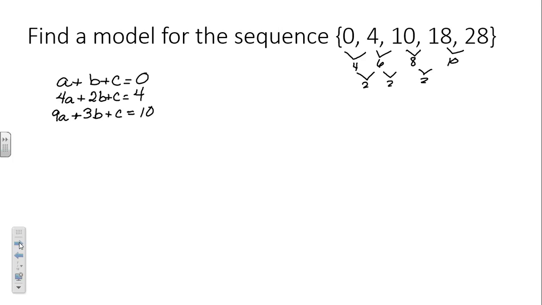So what method do you want to use to solve? Graphing calculator? Yep. And the answer, if you pulled it into your calculator, is n squared plus n minus 1.